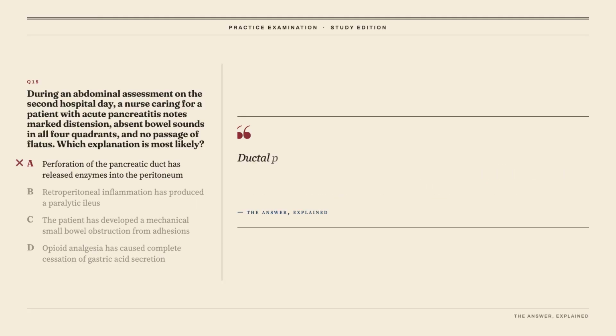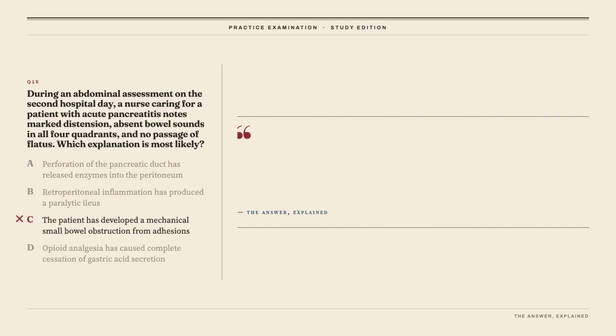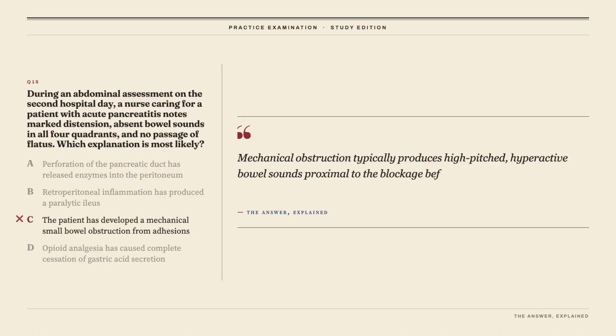A is wrong because ductal perforation with free enzymes in the peritoneum would produce a rigid, board-like abdomen with intense rebound tenderness and rapid deterioration. This patient's picture is distension without peritoneal signs. C is wrong because mechanical obstruction typically produces high-pitched, hyperactive bowel sounds proximal to the blockage before sounds diminish.